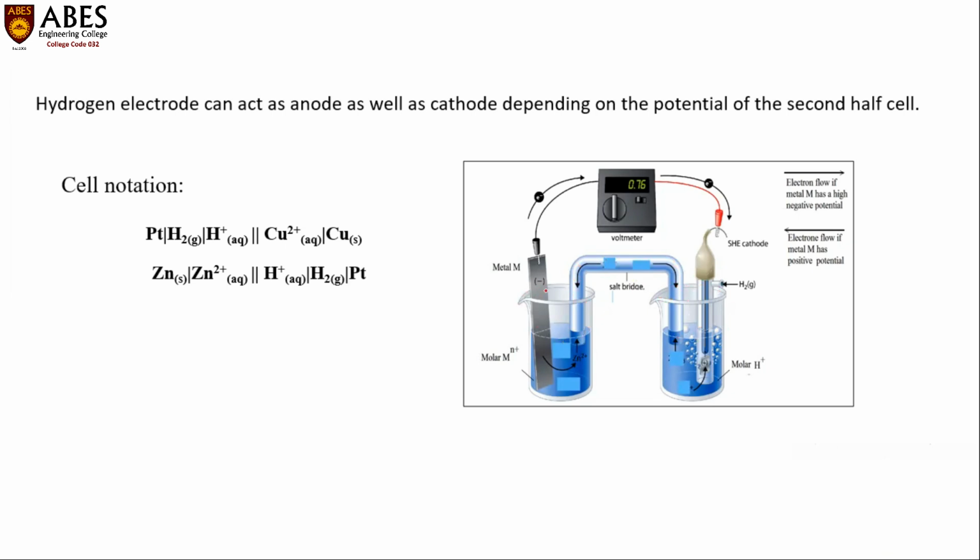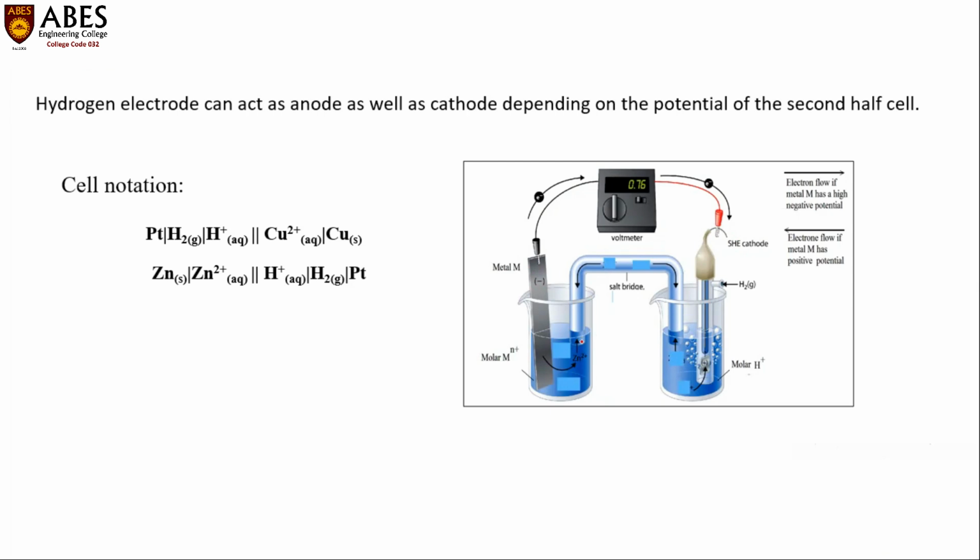Here in one half cell, a zinc electrode is dipped, and in the other half cell, a hydrogen electrode is dipped. Because zinc is an electron-rich species, oxidation will take place here and the electrons will flow from anode to cathode, because we know that SHE can work as a cathode as well as an anode. So here it will work as the cathode, and the electrons coming from the anode will be accepted by the H+ ion and converted to H2.